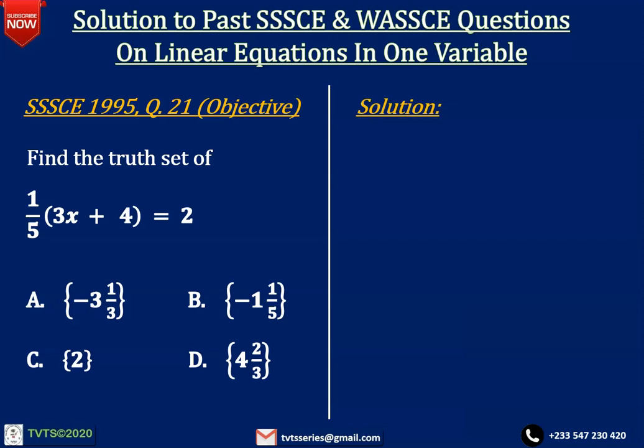We have the equation 1 over 5 into bracket 3x plus 4 is equal to 2. This is an equation involving fraction, and the first step to solving it is to multiply through by the LCM of the denominators, or 5.